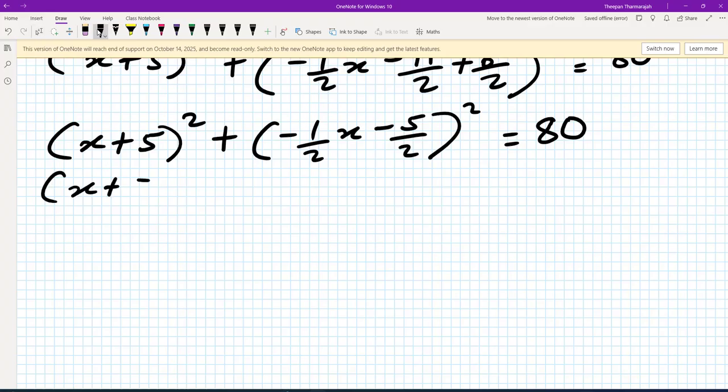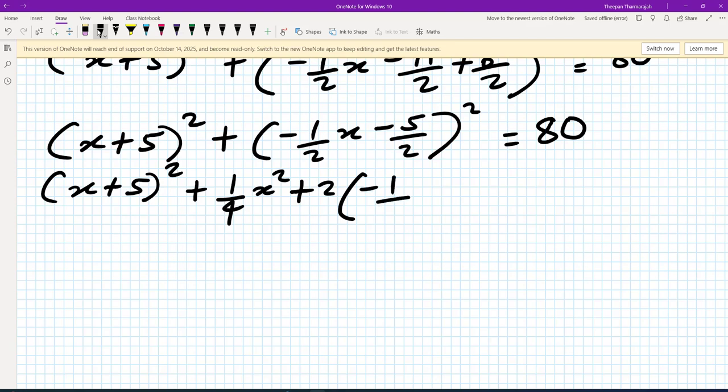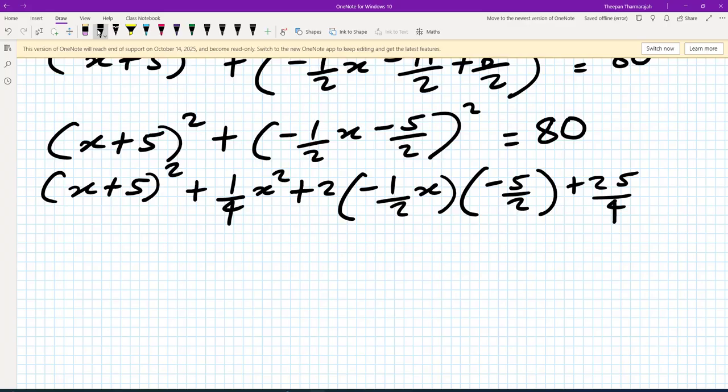x plus 5 all squared. Then here what we're going to get is plus a quarter of x squared plus 2 times minus a half x times minus 5 over 2 plus 25 over 4 equals 80.